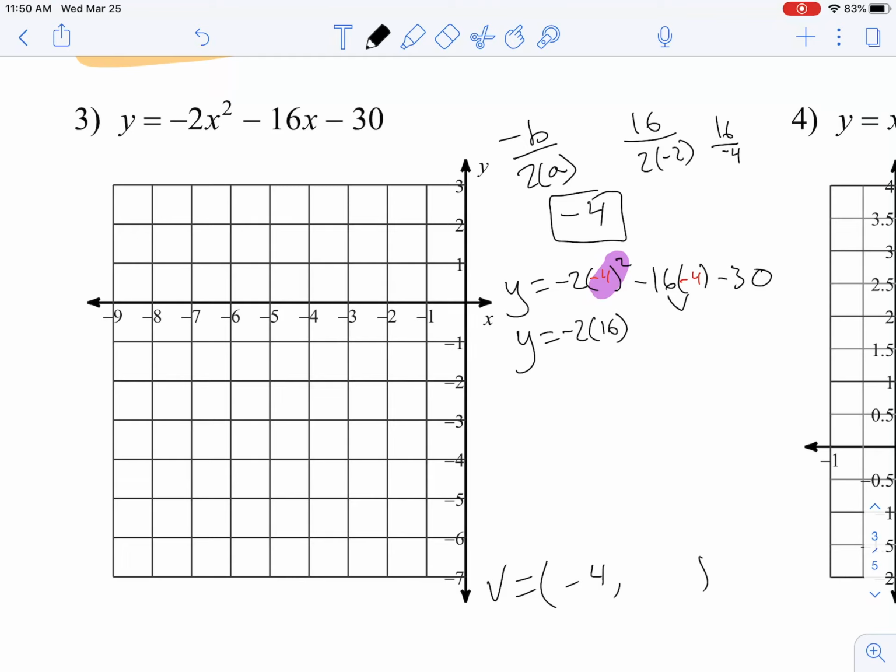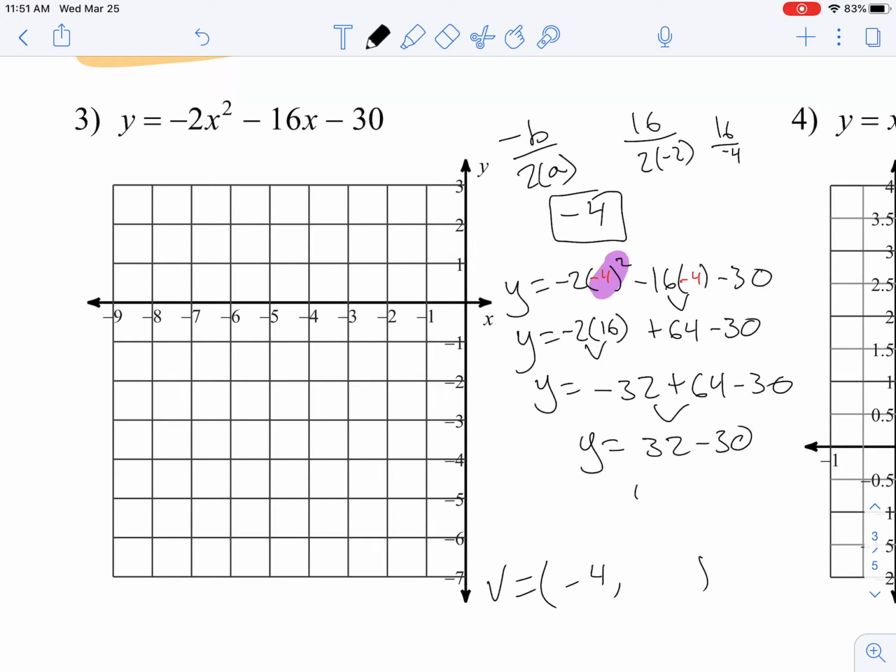If I work these out, that's going to give me positive 64 minus 30. Negative 2 times 16 is negative 32 plus 64 minus 30. If I put these two together, you'll get positive 32 minus 30. And 32 minus 30 is 2. So there's my vertex. Negative 4, 2.